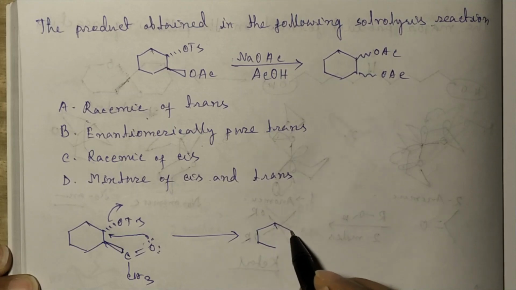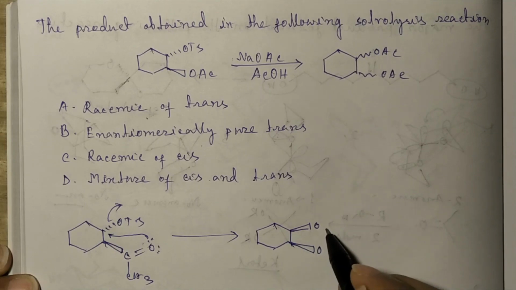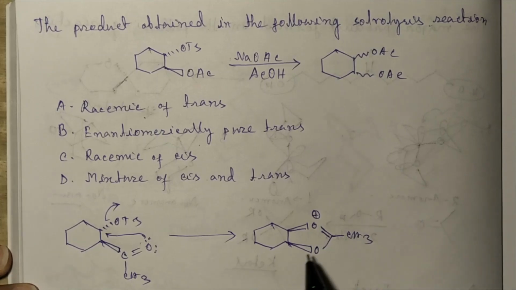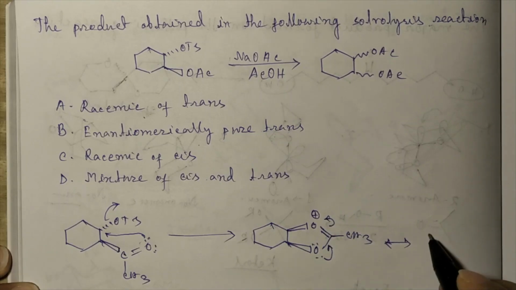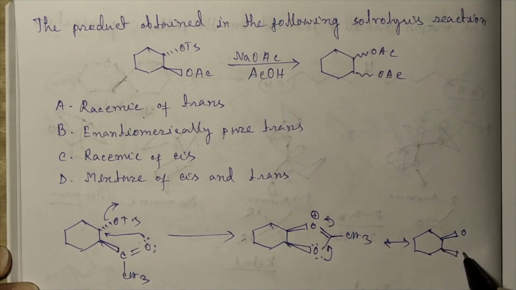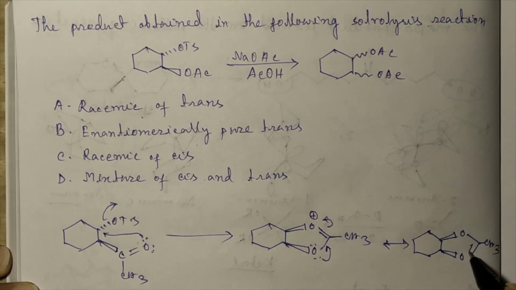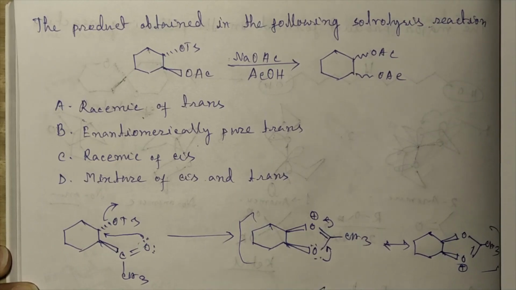So the intermediate will be this, and it is a resonance stabilized intermediate. This is another resonating structure. So if we draw the resonance hybrid, then we will get this.